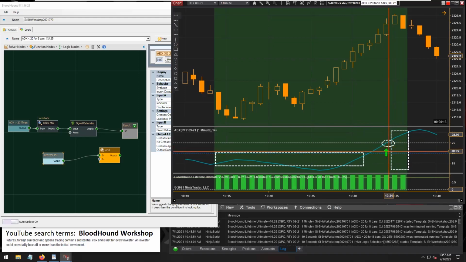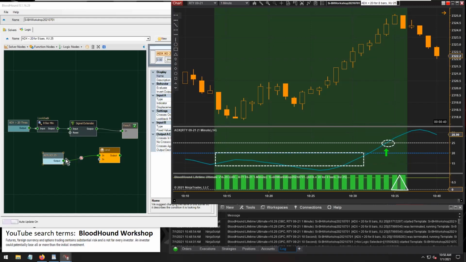So there's the bar the crossover occurs, and we still have an output for 2 bars past that crossover. So it's good technique to eliminate those 2 extra long signals after the crossover occurs.